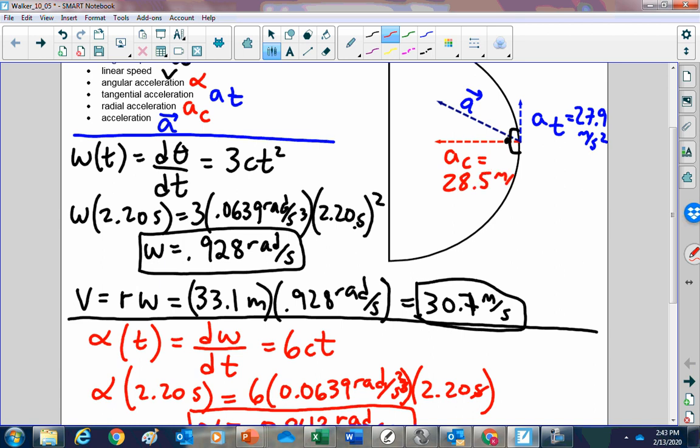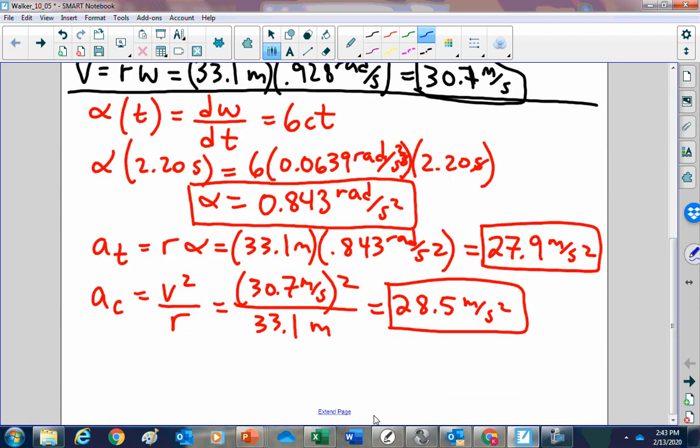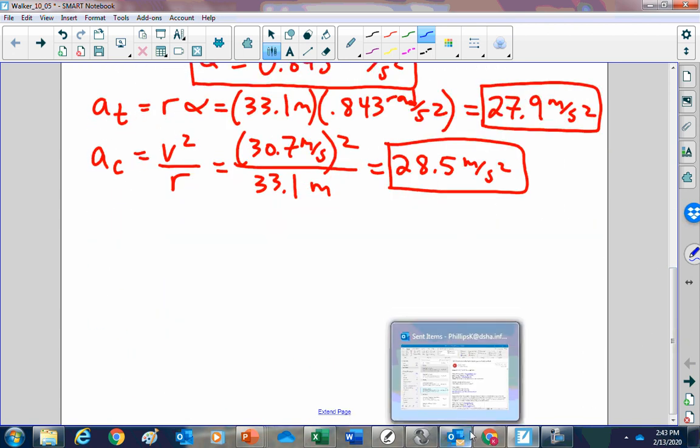Okay. Last thing is the overall acceleration, the hypotenuse basically, of the triangle that is made by a_T and a_C. So now I'm going to use the Pythagorean theorem to find overall acceleration.